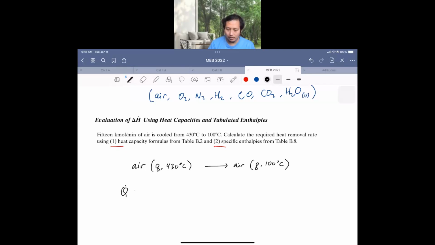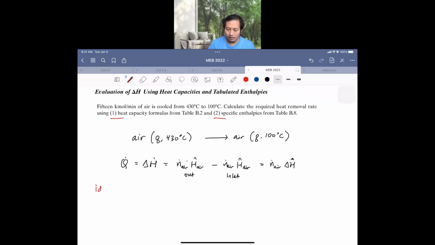And the energy balance is just the delta H, which is the outlet minus the inlet. Or we could say this is the delta H specific enthalpy. And then assume ideal gas, to simplify our calculations.